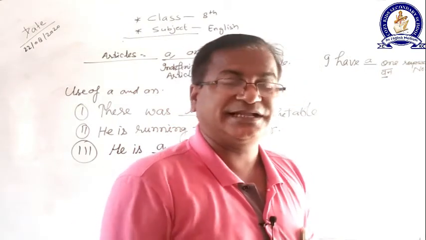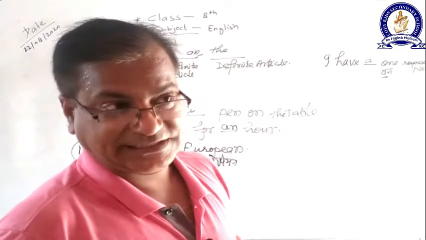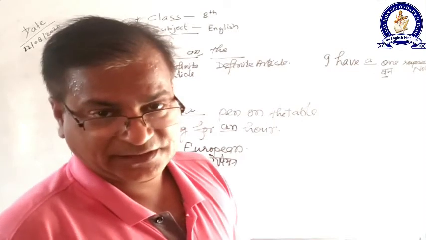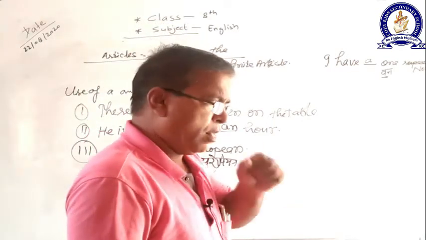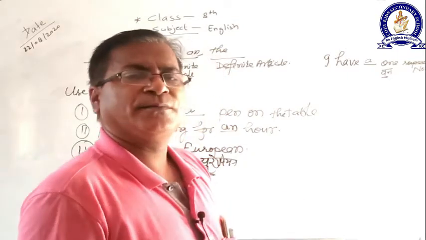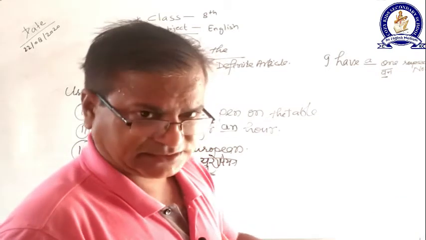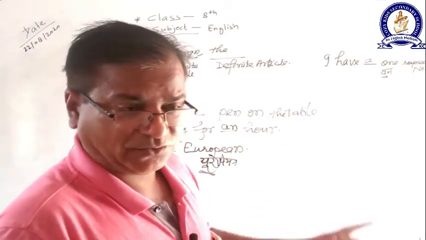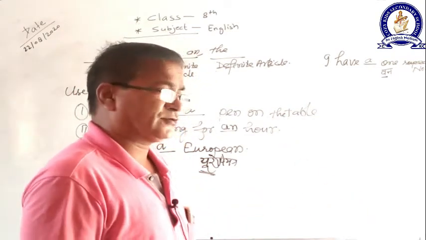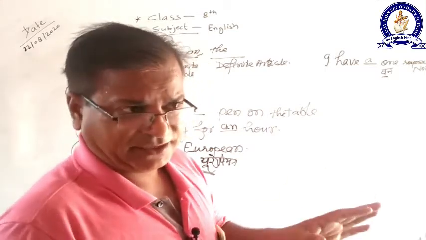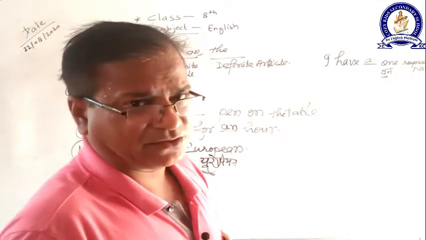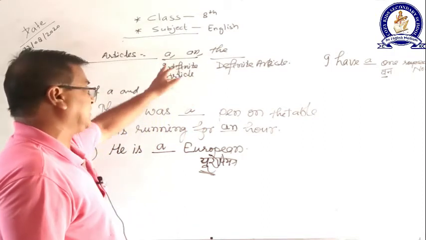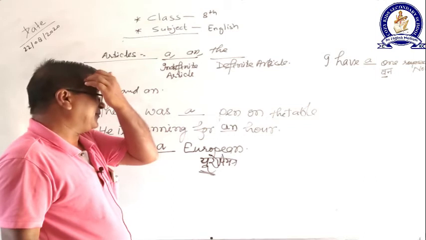Earlier in the classes we were studying that if the word starts with a vowel, put an, and if it starts with a consonant, put a. That is not the fact. The fact is that it depends on pronunciation. If you pronounce the word like a vowel, you will use an, and even if it starts with a vowel letter but you pronounce it like a consonant, you will use a. I am only talking about either a or an. So you have to be very serious.